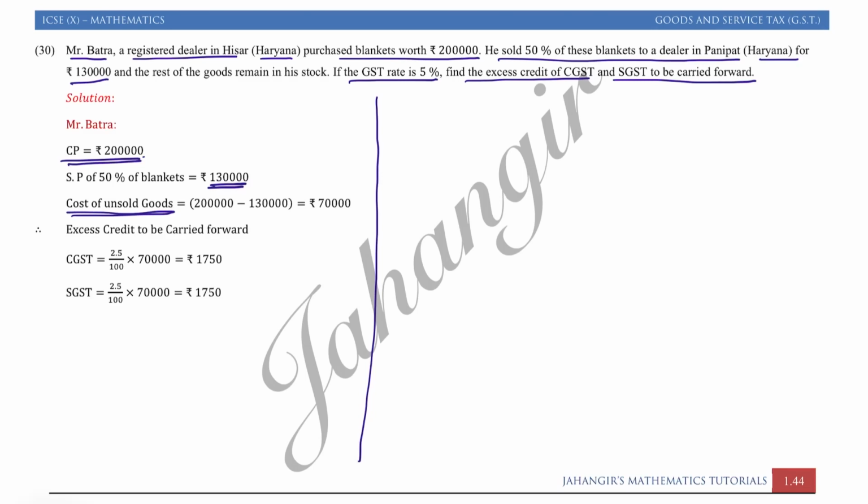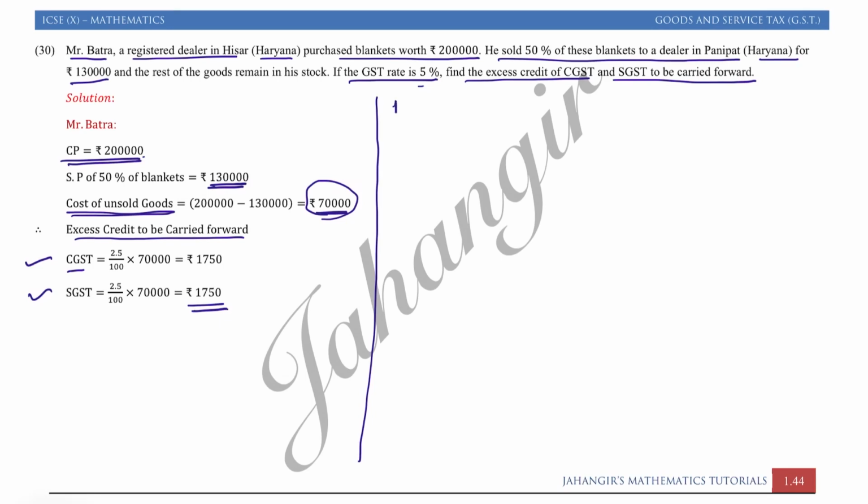Okay, so cost of the unsold goods is rupees 70,000. So whatever excess credit will be on the goods which are unsold. CGST is 2.5%, since total is 5%, we can find CGST 2.5% of 70,000. SGST will be 2.5% of 70,000. So this is my excess credit which I can carry forward.